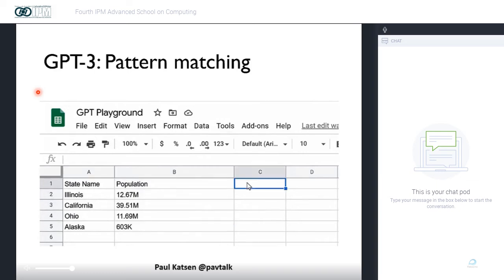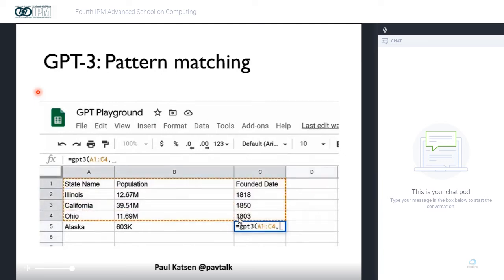And consider that there is nothing explicitly encoded about the population of different places in the training objective of GPT-3. Or the date it was founded, it can find that and recover that.